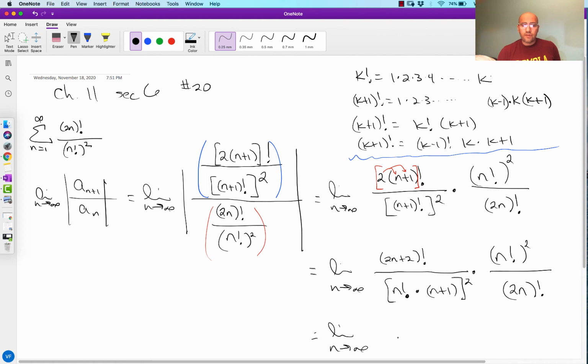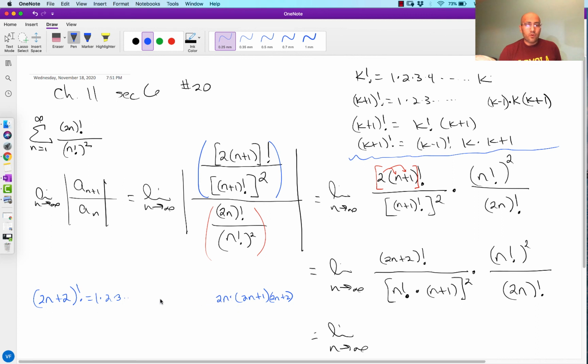Let's just expand this part here, the 2n plus 2 factorial. Remember that this is a multiplication of 1 times 2 times 3, and so on, and we don't stop until we get to 2n plus 2, which means the one that came right before it would be 2n plus 1, and the one before that would be 2n.